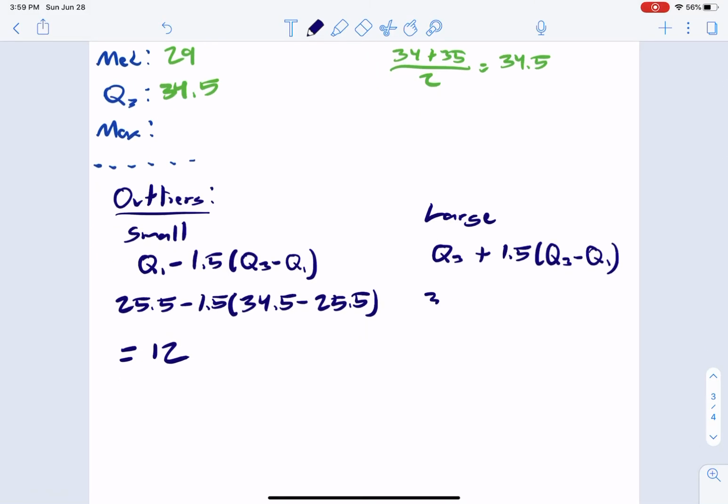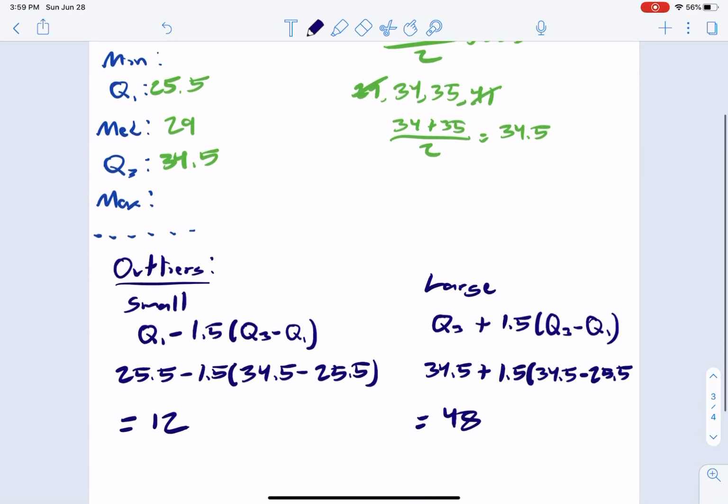This is 34.5 plus 1.5, and the 34.5 minus 25.5 is the same here. Okay, beautiful.